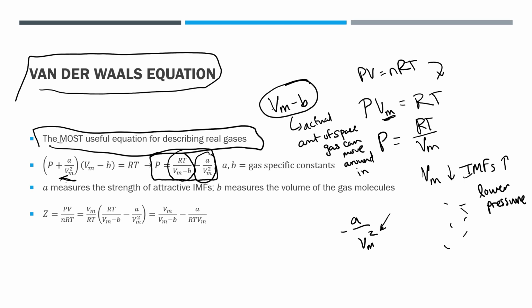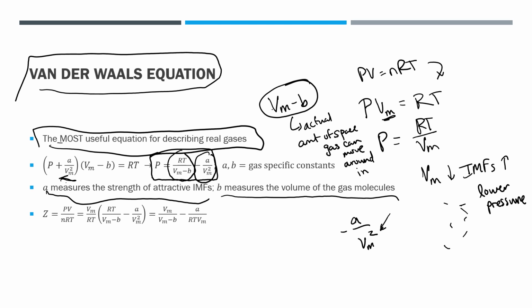That's describing repulsive forces, because the reason a gas particle cannot be in the same exact spot as another gas particle is because their electron clouds are going to overlap, and that's going to have huge repulsive forces. So in that way, A measures the strength of attractive IMFs, whereas B measures the volume of the gas molecules, or B also measures, in another way of thinking, the amount of repulsive forces between the gas molecules.